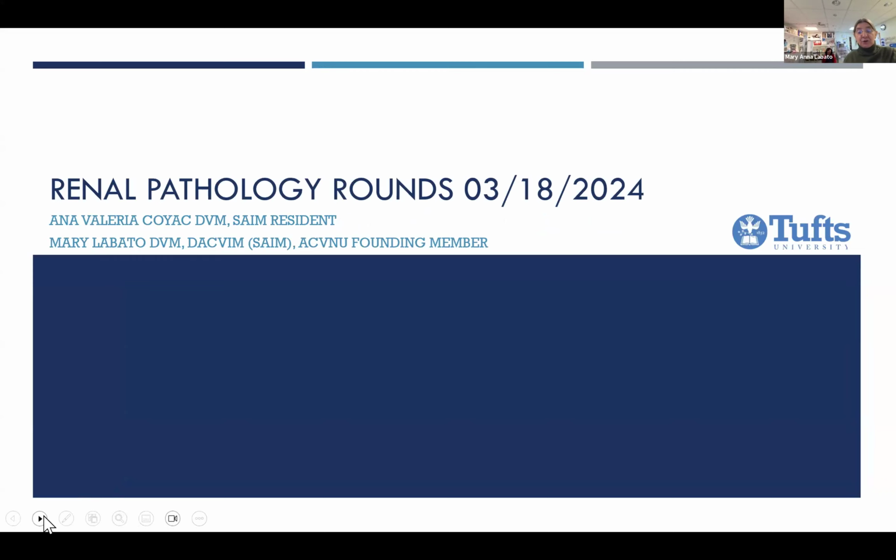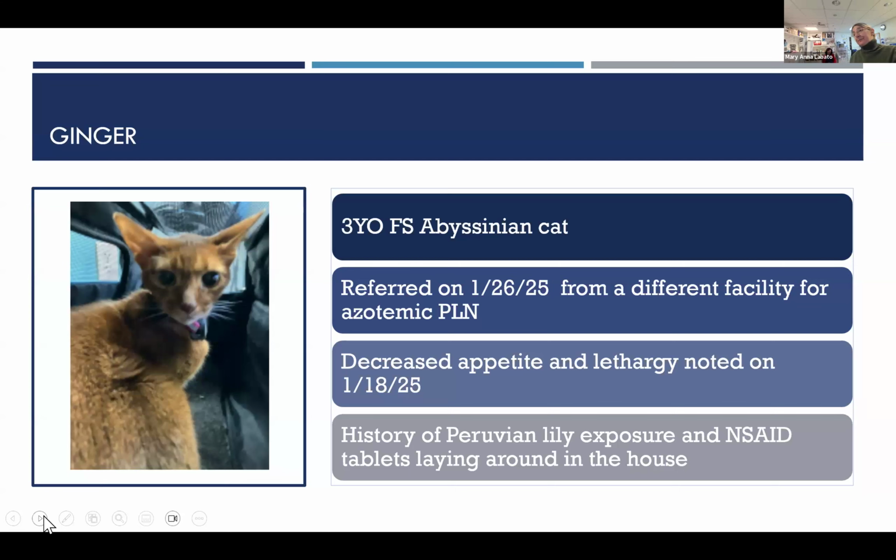All right, so Ginger is a 3-year-old spayed female Abyssinian who was referred to us at the end of January from another facility for management of an azotemic PLN.